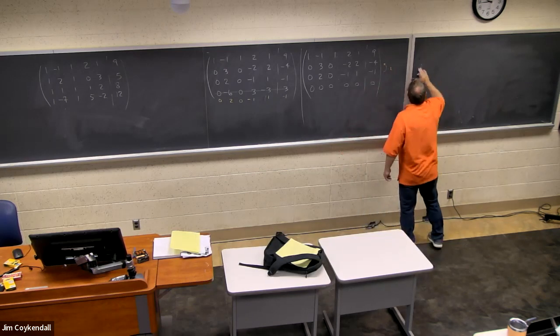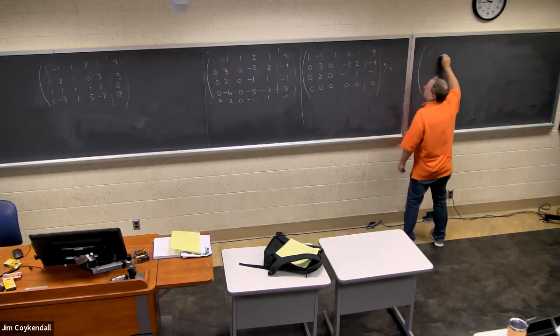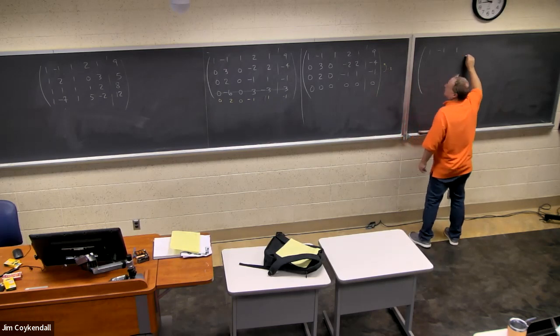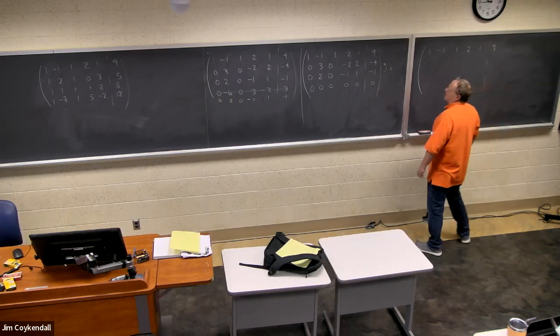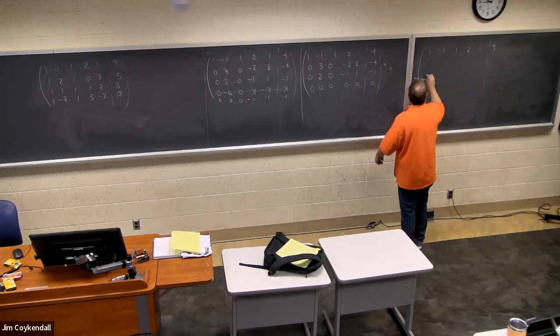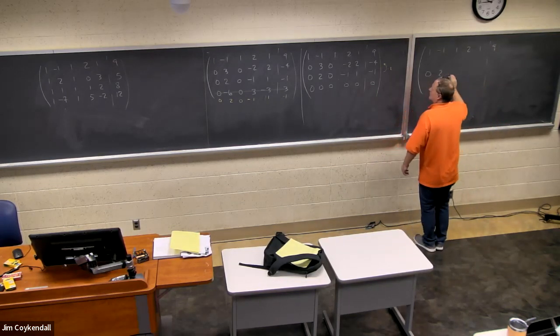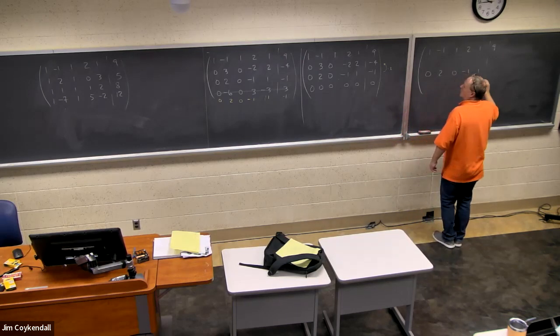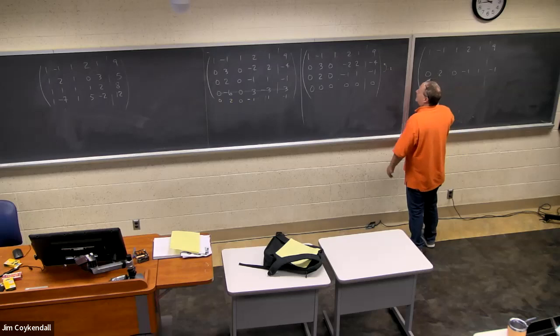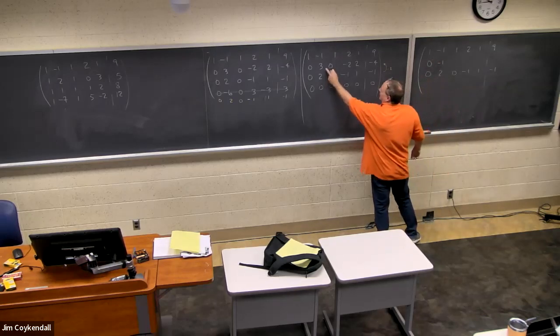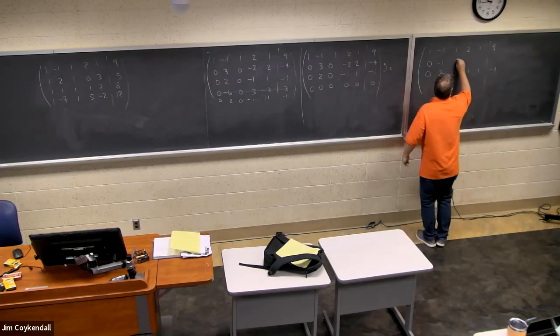And so I'm going to get 1, minus 1, 1, 2, 1, 9. And I'm going to have 0, 2, 0, minus 1, 1, minus 1. This row right here. Now, multiply this by -2 and add it here, so it's -1, 0, 0.